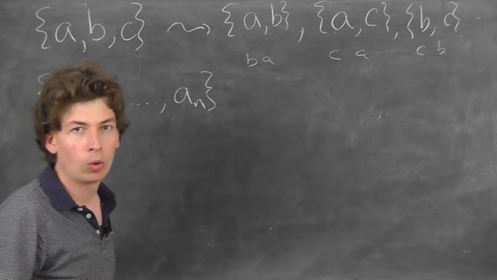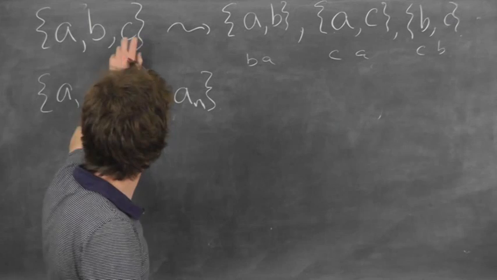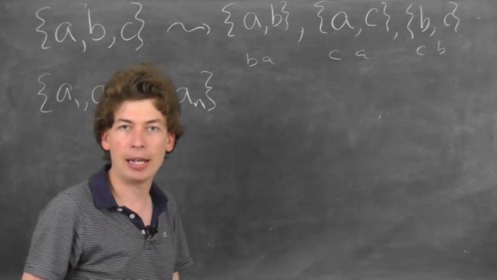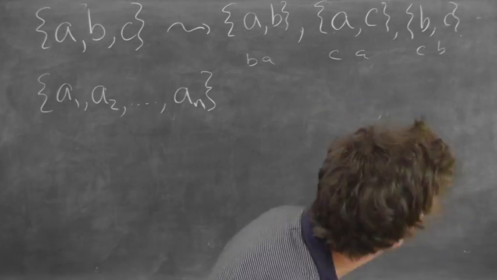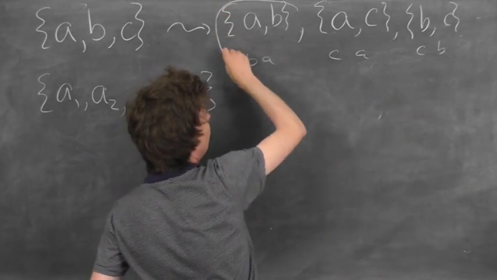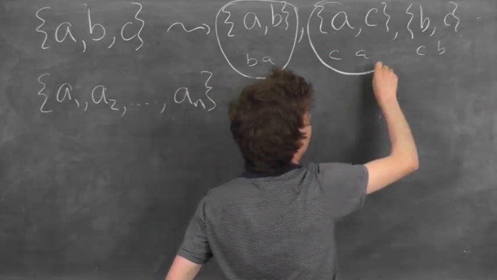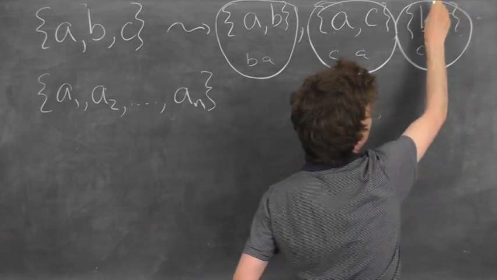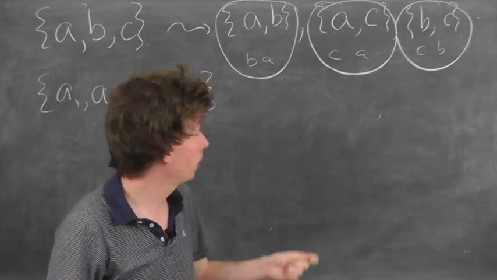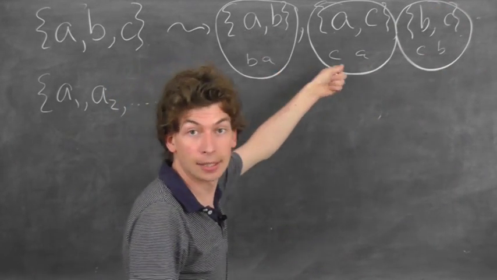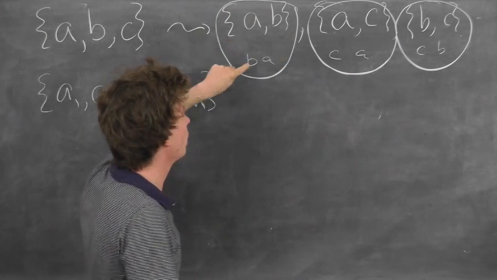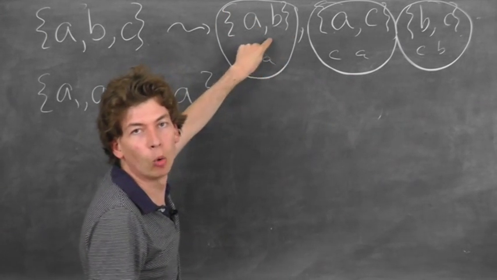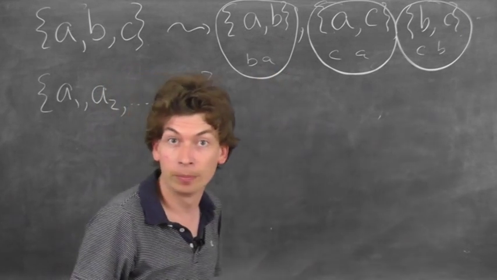Well, if we look back at this set with 3 elements by analogy, we can see something very nice going on. If we consider the set of ordered choices, we get 6. But we have to identify all the different orderings of the same set together.